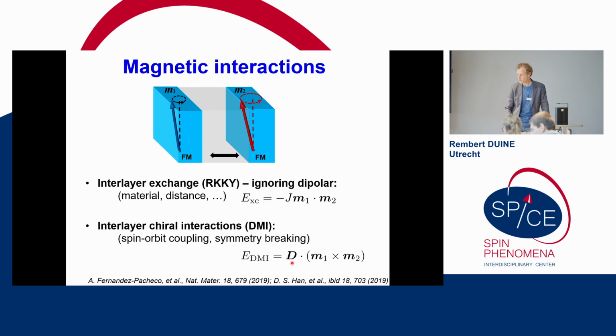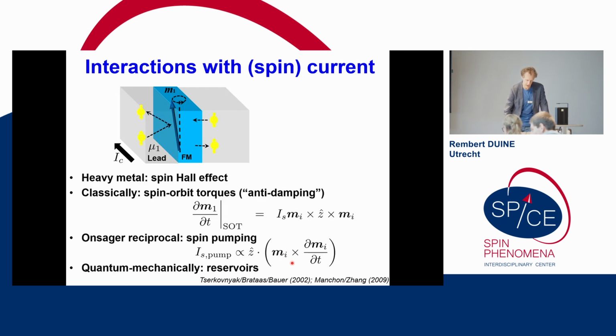Okay, so these are two examples of coherent couplings that we can have. Now, isolating on one of these magnetic layers, what is also possible is to actually inject or extract angular momentum electronically.